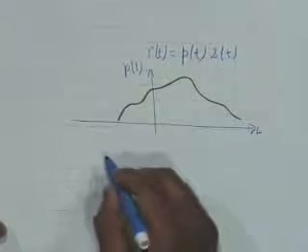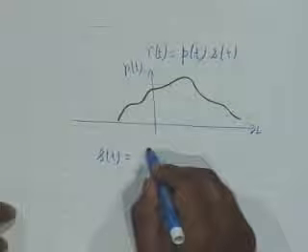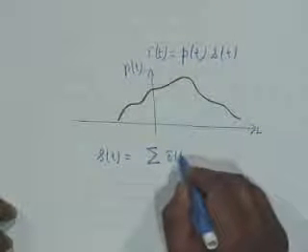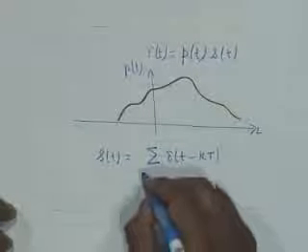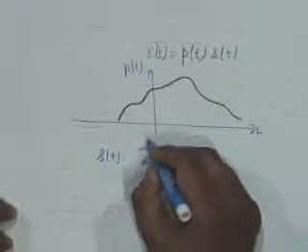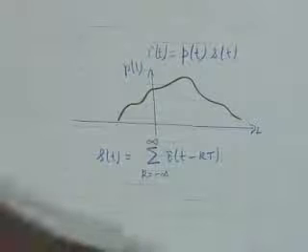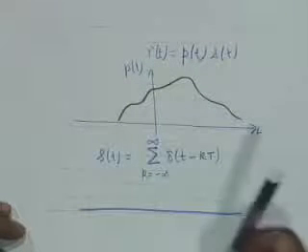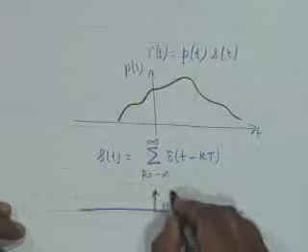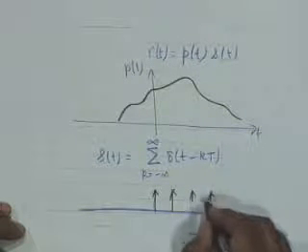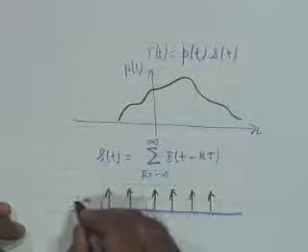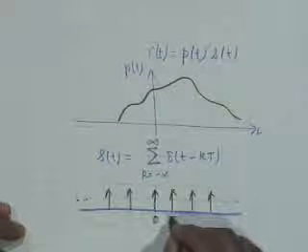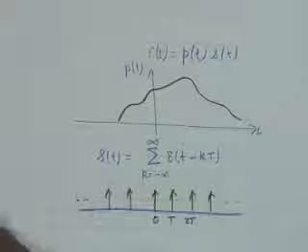And let us suppose that S of t is a sequence of impulse functions, that is delta t minus kT, where k goes from, let's say, minus infinity to plus infinity. It's a chain of impulse functions. That is, this looks like this. It starts at k equal to 0, then capital T, 2T, and so on and so forth.